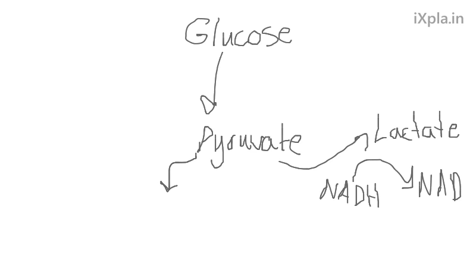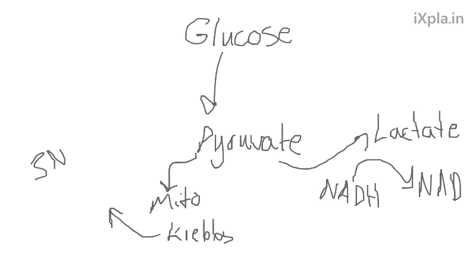Or it can go into the mitochondria to do the Krebs cycle. And you form all that NADH. Remember, each cycle of the Krebs cycle forms 3 NADH, 1 FADH2, and 1 GTP.